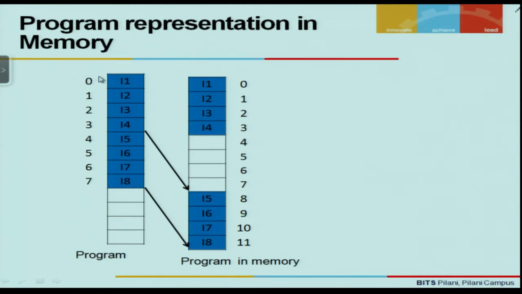Logically speaking, if we count the instruction numbers, instruction number 1 has address 0, instruction number 2 has address 1, and so on. So the instructions are numbered 0 to 7 in a given program.